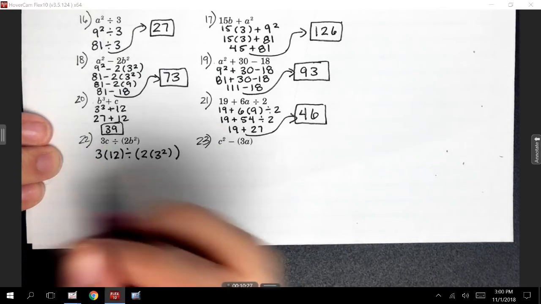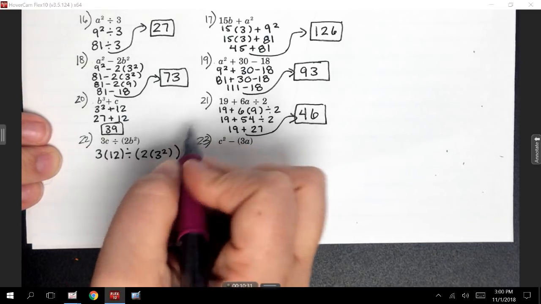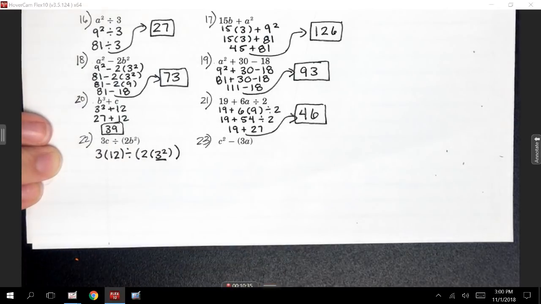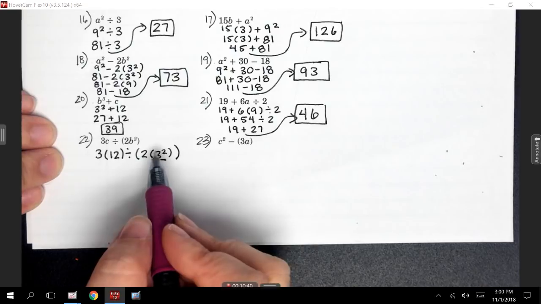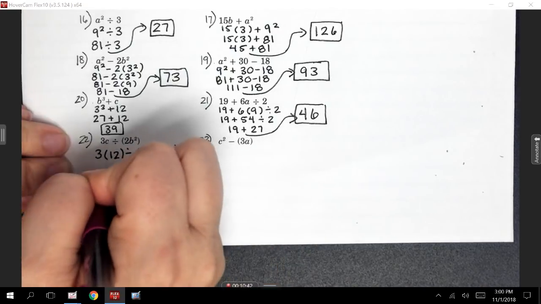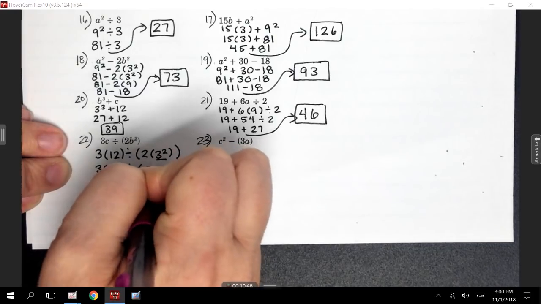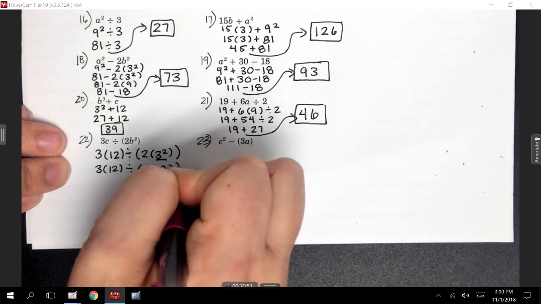So this time I do have parentheses with math involved, so I need to do this inside here. I'm going to do that exponent first because exponent comes before multiplication. So I don't want to do 2 times 3 until I've done my 3 to the second power. So I have 3 times 12 still, divided by 2 times 3 to the second power, which gives me 9.